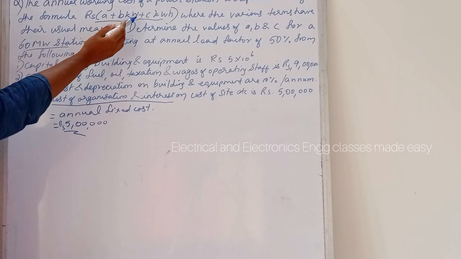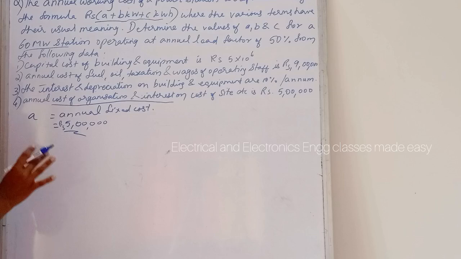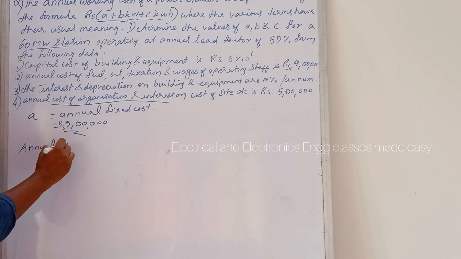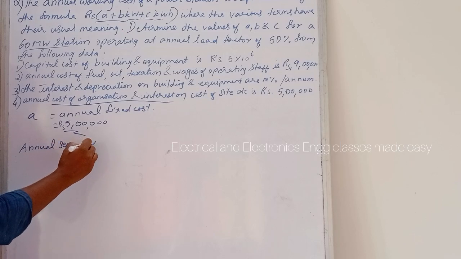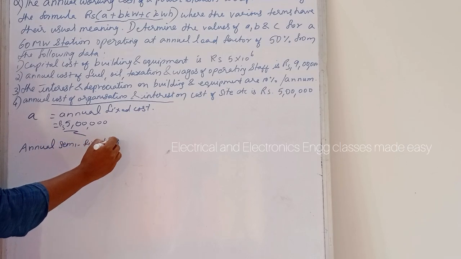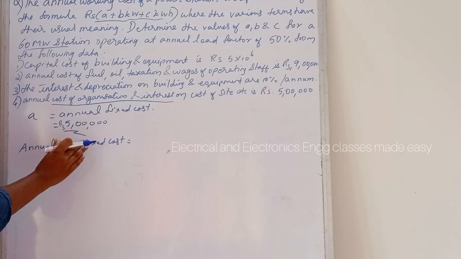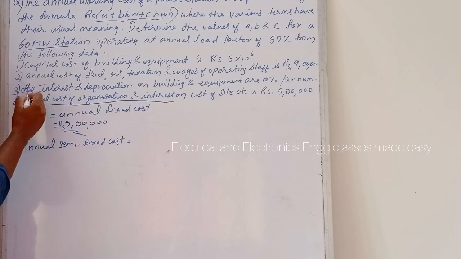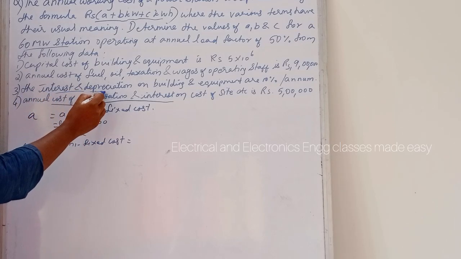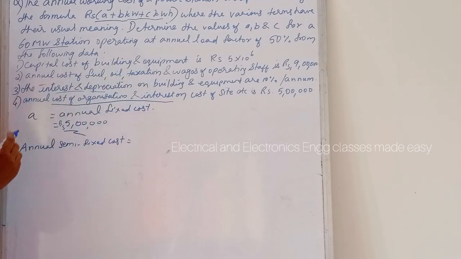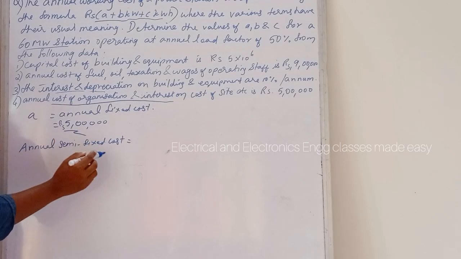The second term consists of the semi-fixed cost. First of all we have to find the value of annual semi-fixed cost. This is on account of the annual interest and depreciation on the building and equipment.